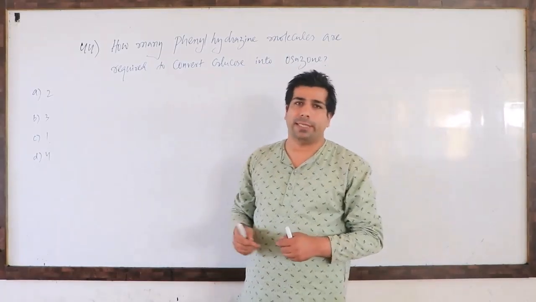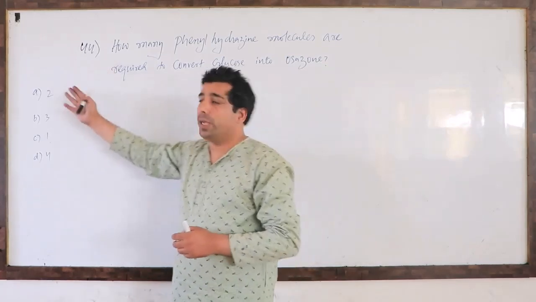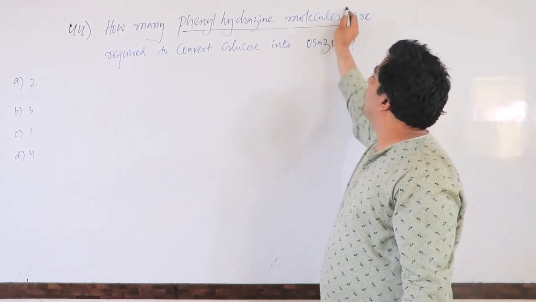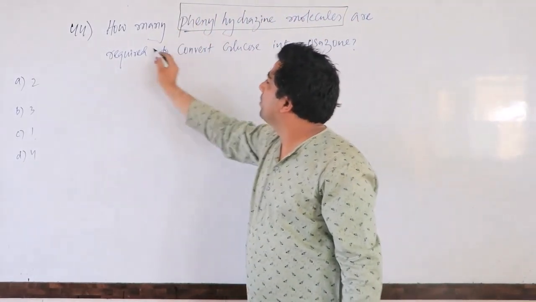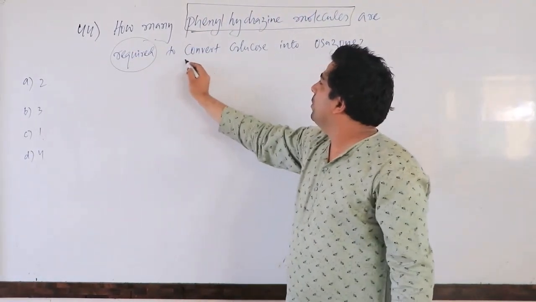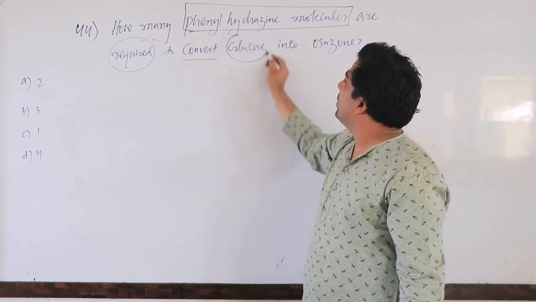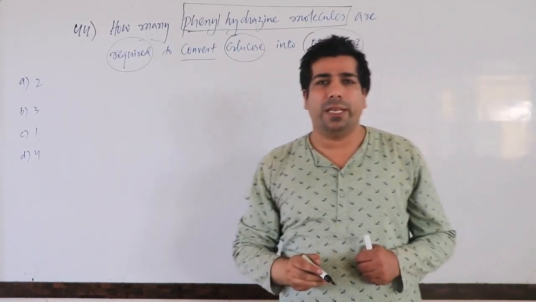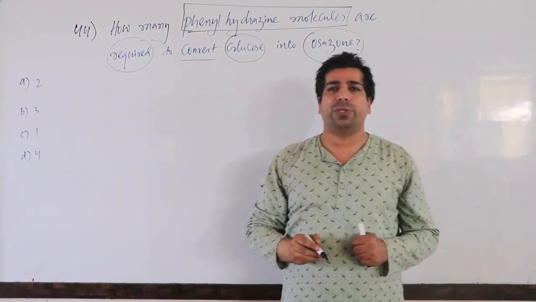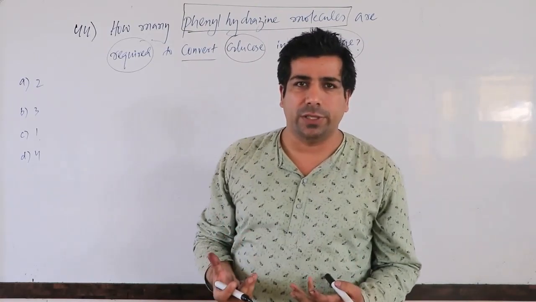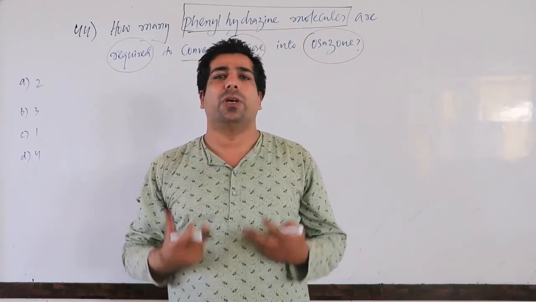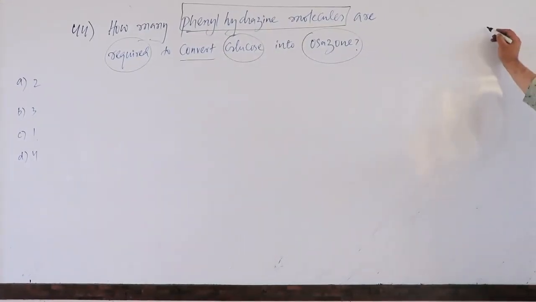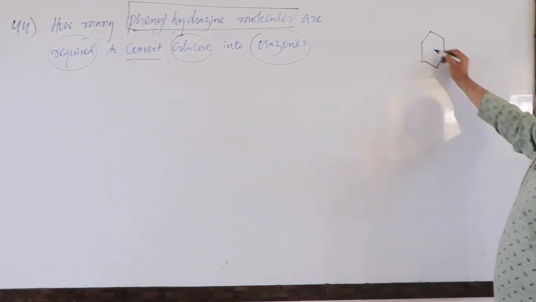Dear students, let's come to question number 44. How many phenylhydrazine molecules are required to convert glucose into osazone? You know that phenylhydrazine is like this. This is your phenylhydrazine.